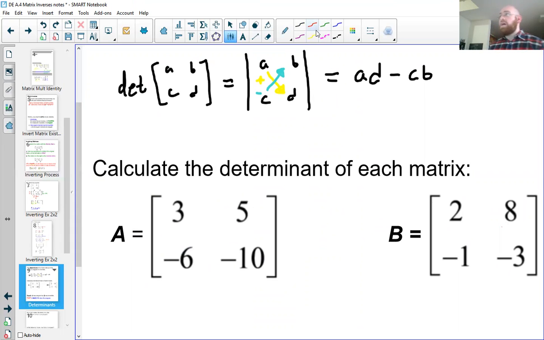So if I want to calculate these, I'm going to multiply 3 times negative 10, and then I'm going to subtract negative 6 times 5.